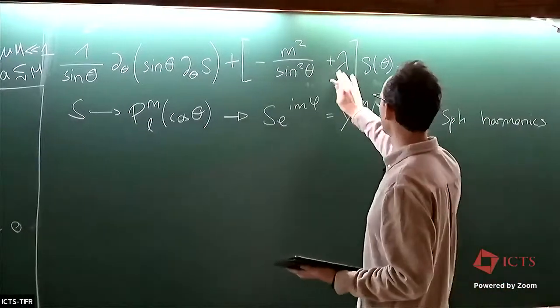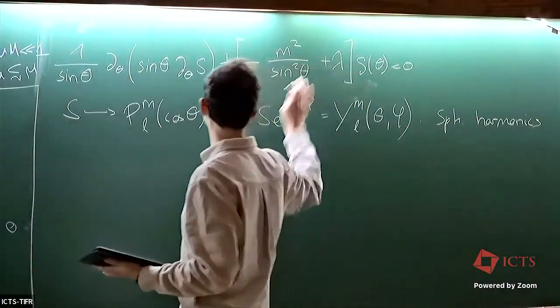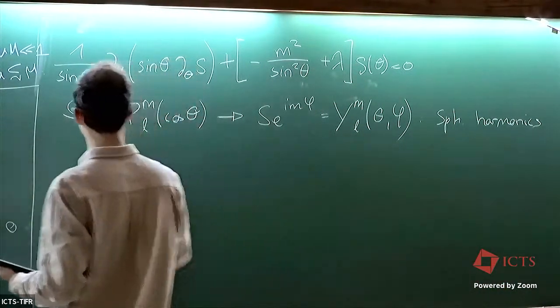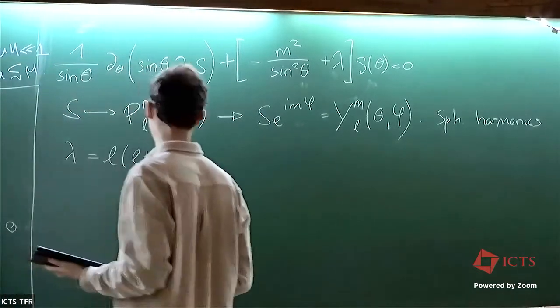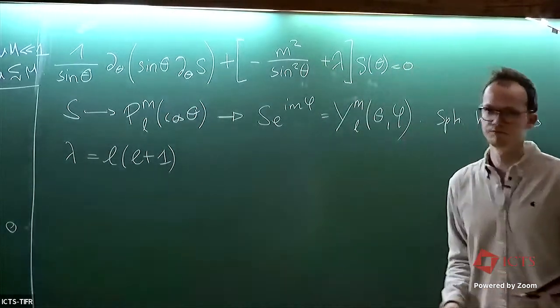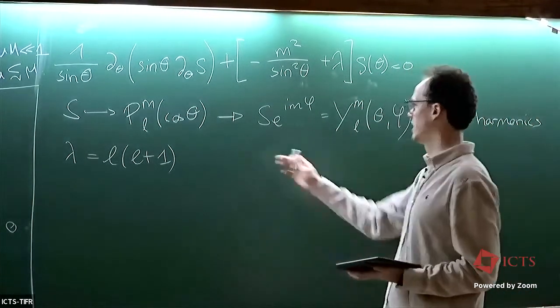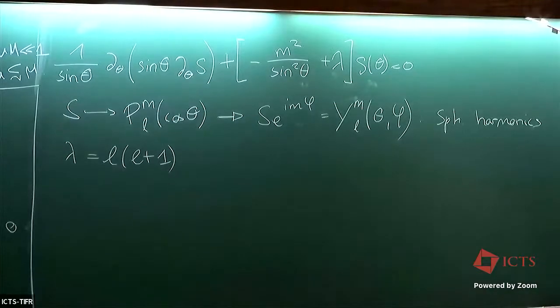What this also implies is that lambda, the eigenvalue, is actually just this, which again follows directly from this.